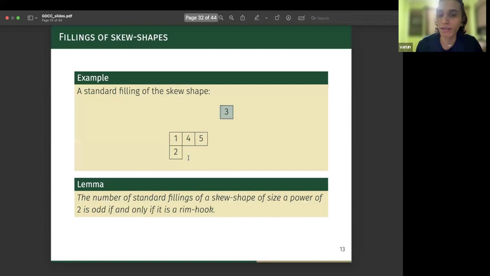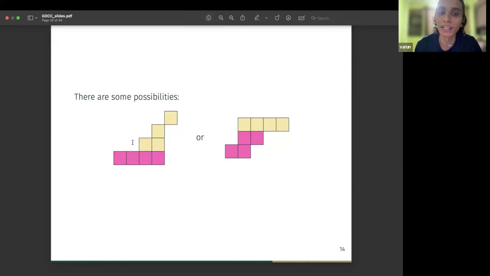And so inductively, if we assume this is true by induction, we can deduce that the number of ways to fill this non-rim hook of size 4 is even. And so we can replace whatever filling we have here with one of these other fillings, and we can group up the initial filling with an even sized filling.